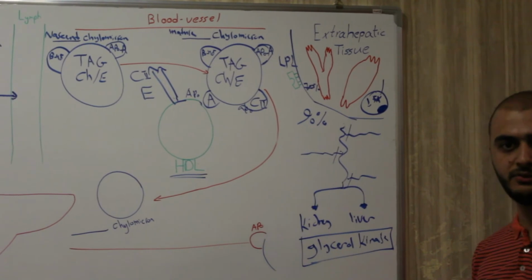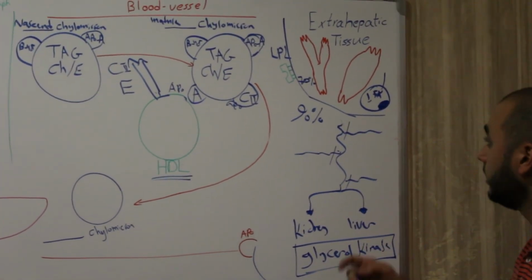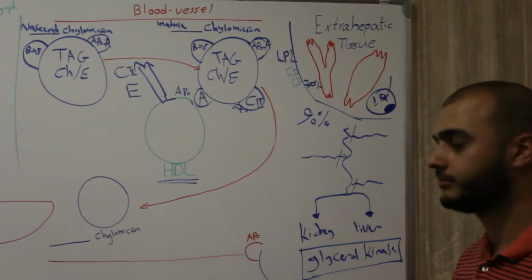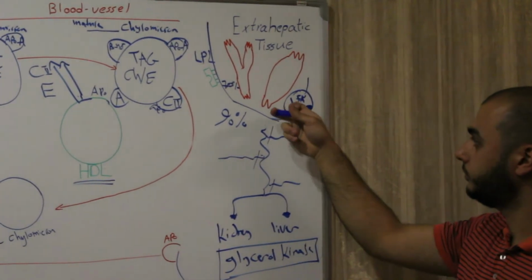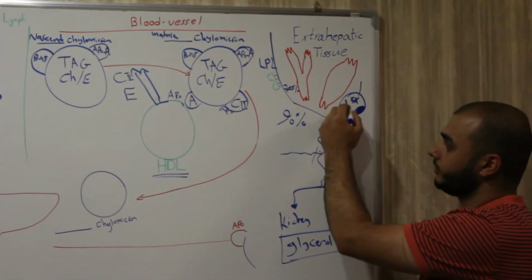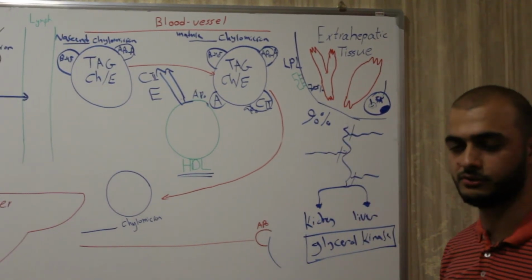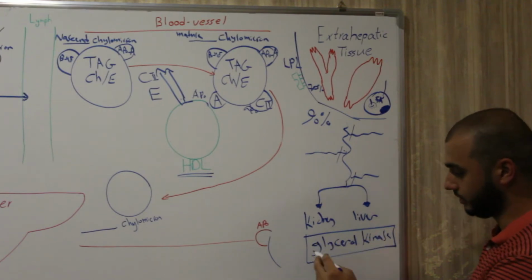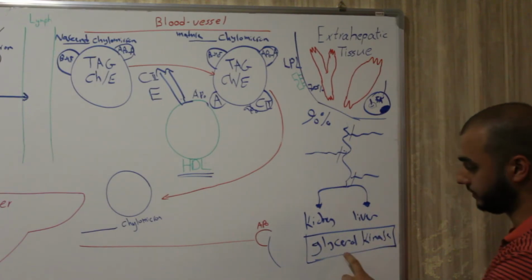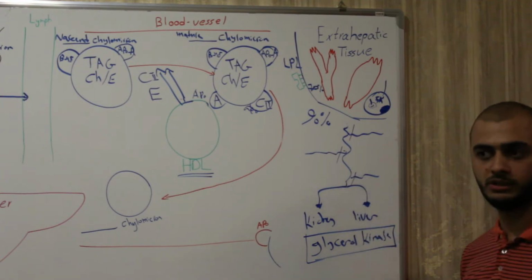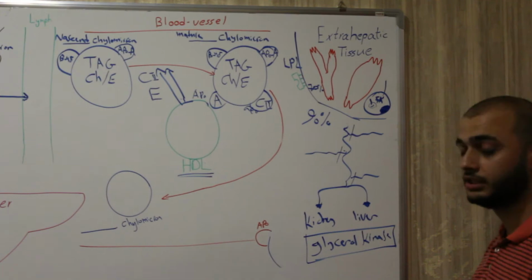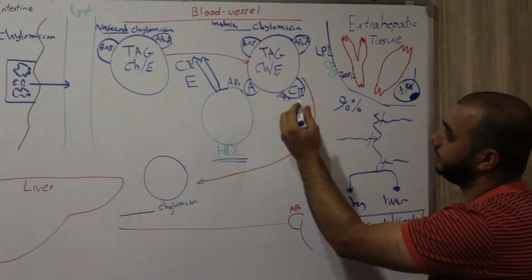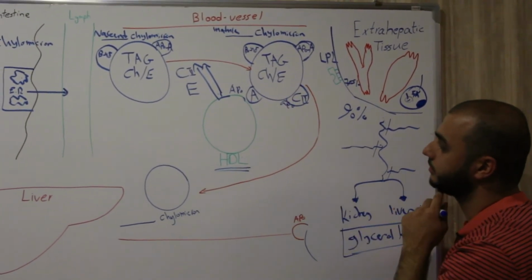If you remember from glycolysis, glycerol 3 phosphate is one of the intermediates of glycolysis, so it will be taken up from there. But these are the only tissues that have glycerol kinase and will take up glycerol and convert it into glucose by a process called gluconeogenesis.